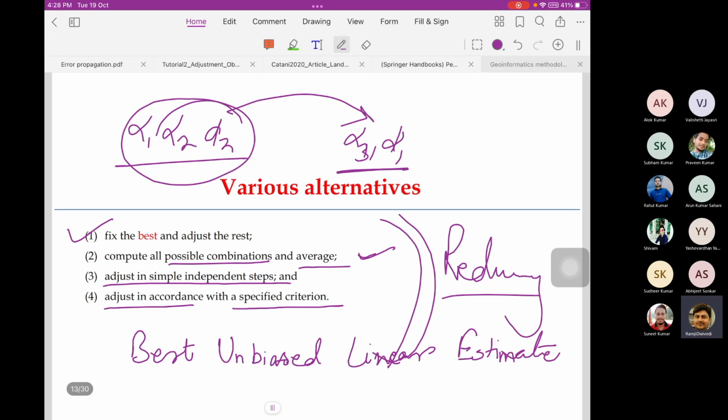So you have to choose that model which is providing an estimate which would be the best, unbiased, linear estimate, which in short we call BLUE.